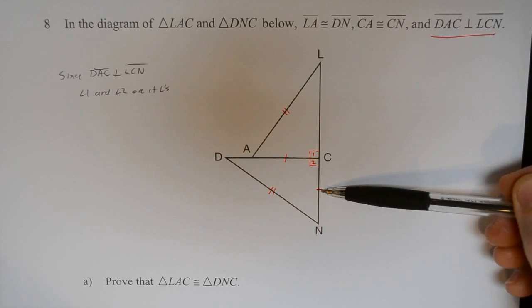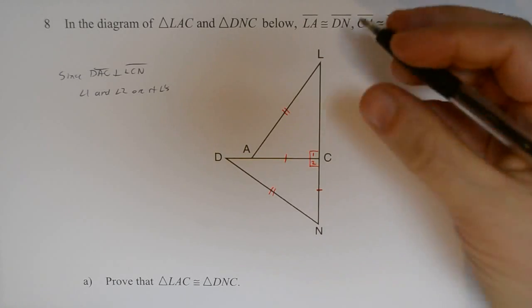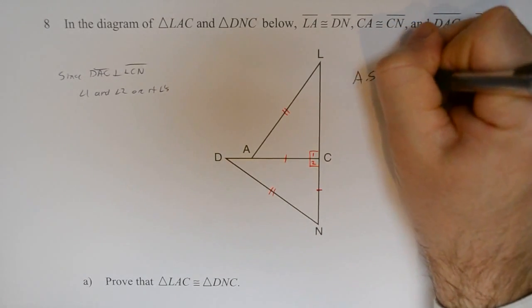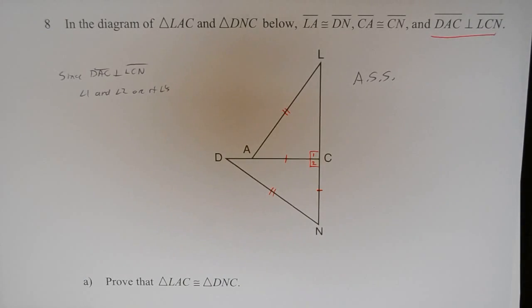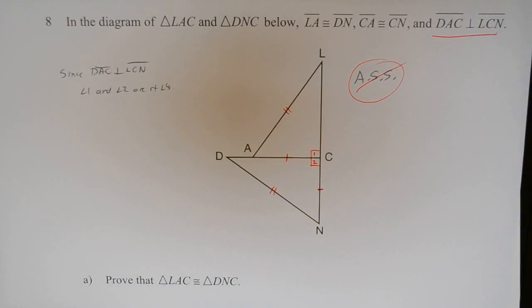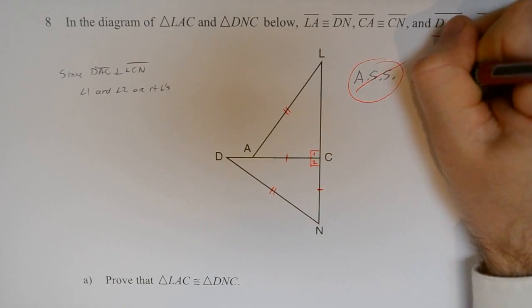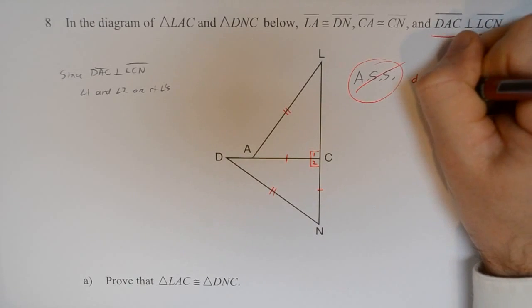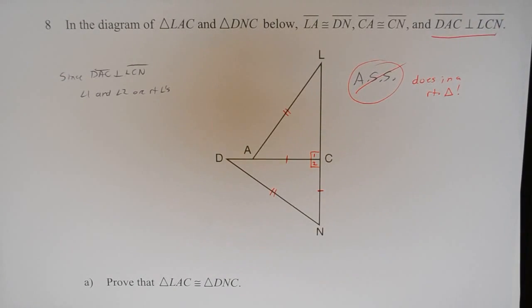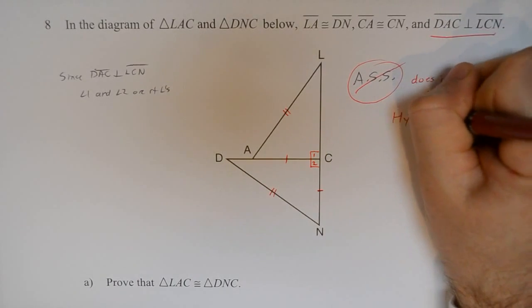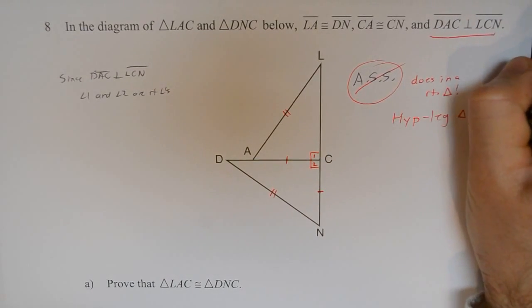Now remember, angle side side, and yes, I'm not making a mistake there, that doesn't work in general, but it does in a right triangle. We just don't call it angle side side to avoid confusion. Do you remember what we call it? Hypotenuse leg, right? Hypotenuse leg triangle congruence.